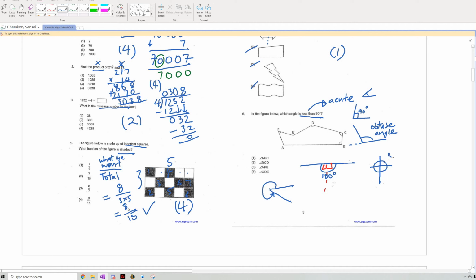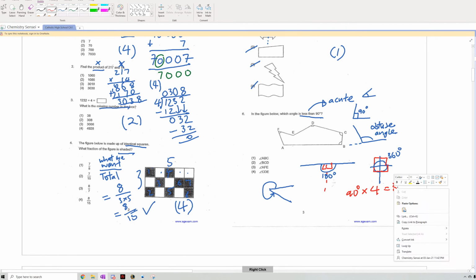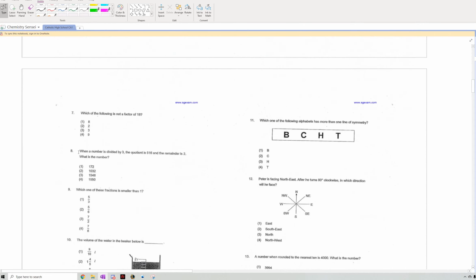Alright, 360 degrees, as there are 4 90 degrees over here. So we have 1 90 degrees, 2 90 degrees, 3 90 degrees, and 4 90 degrees. Alright, so 90 degrees times 4 is 360 degrees.